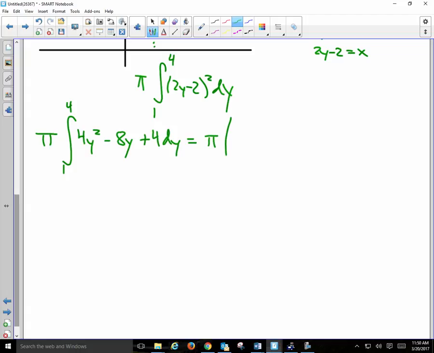What's the antiderivative of 4y squared? 4y cubed over 3 minus 4y squared plus 4y. We're evaluating it at 4 and 1.